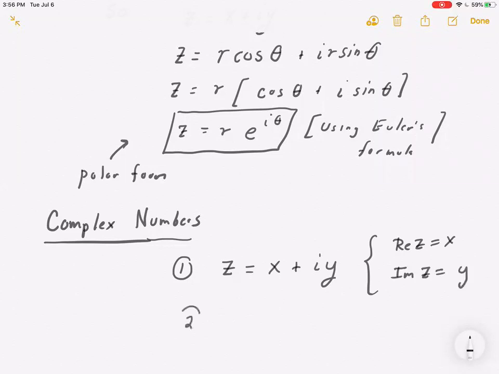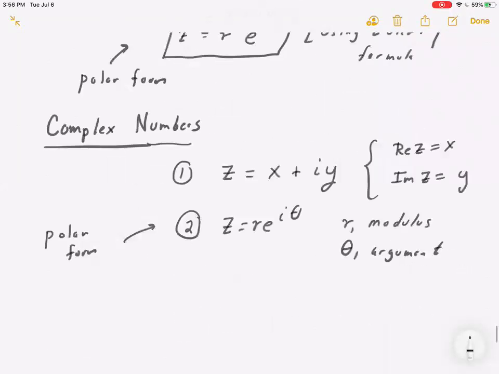And the other way to write down a complex number is in terms of its so-called polar form, where r is the modulus of the complex number and theta is the argument.